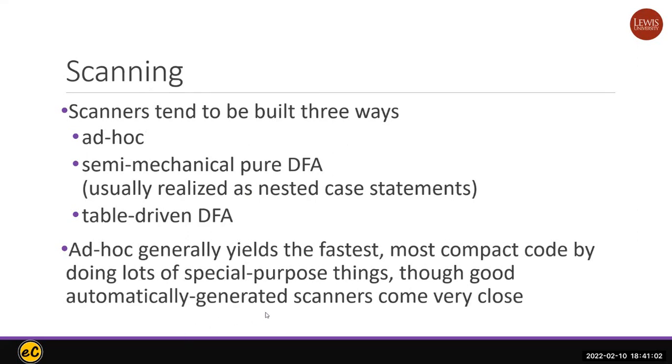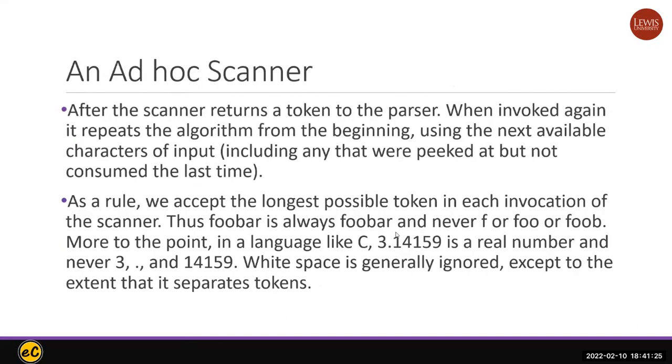No good automatic generated scanner may come very close. So performance-wise, ad hoc scanner is better than table-driven, or automatic generated DFA. But its development time may take longer, because for table-driven DFA, you can use a compiler to generate it.